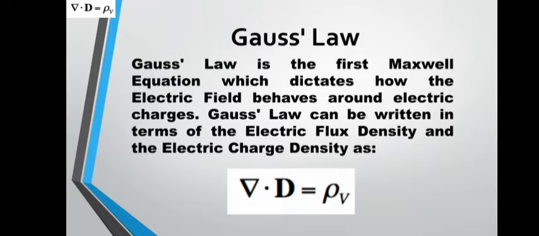Gauss law can be written in terms of electric flux density and electric charge density as del dot D is equal to rho V, where del is our nabla operator, D is the displacement, and rho is the charge density.